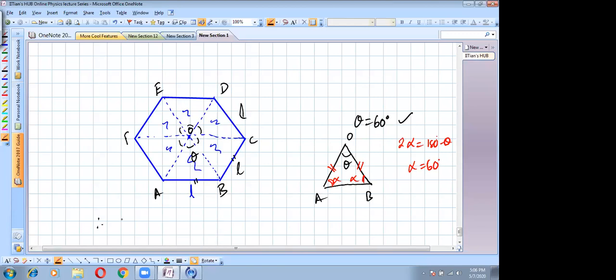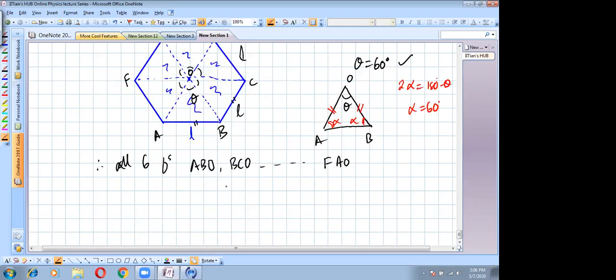Therefore, all 6 triangles, ABO, BCO, like that, are all equilateral triangles. So that's the first thing.